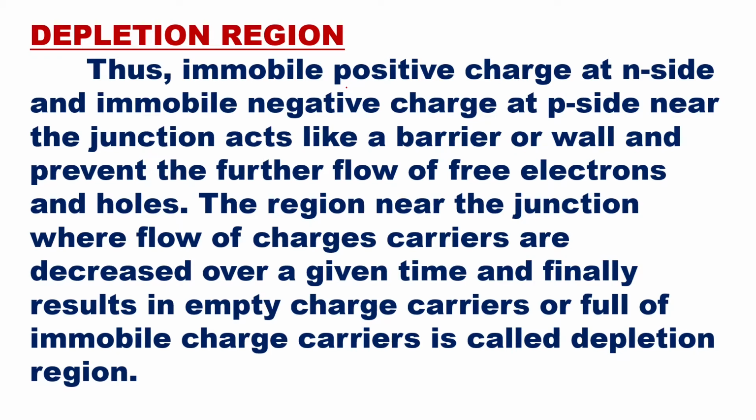So there is no further movement of free electrons from n to p side and holes from p to n side. The region near the junction where the flow of charge carriers decreases over time and finally results in empty charge carriers, or full of immobile charge carriers. In that area, there are no moving charge carriers. That area depleted of moving charge carriers is called the depletion region.